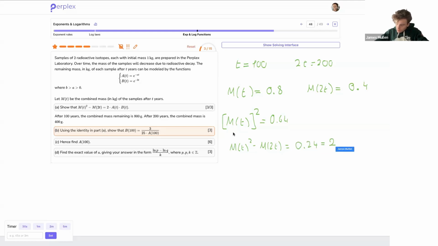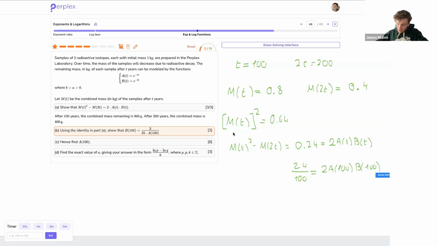That's equal to 2 a of t, b of t. All right. What does that mean? It means that if I write 0.24 as 24 over 100, that's fine. 24 over 100 is equal to 2 a of 100, b of 100.